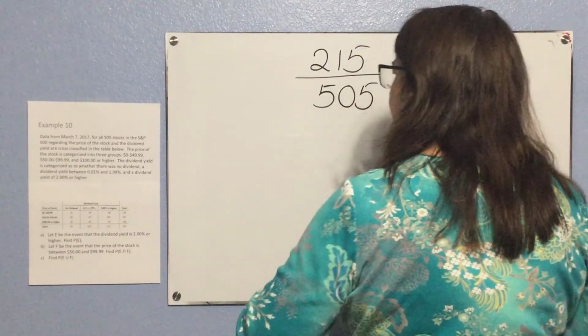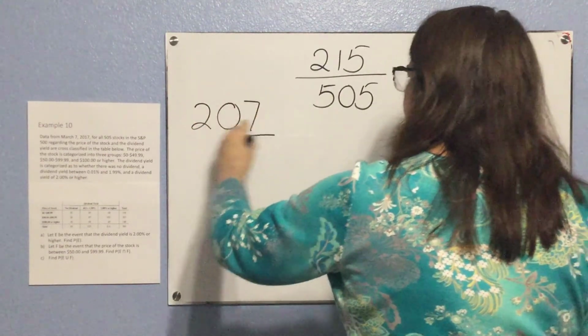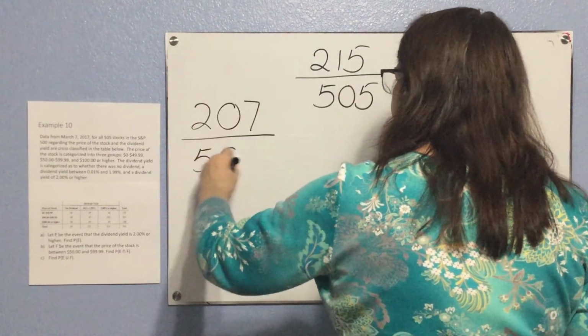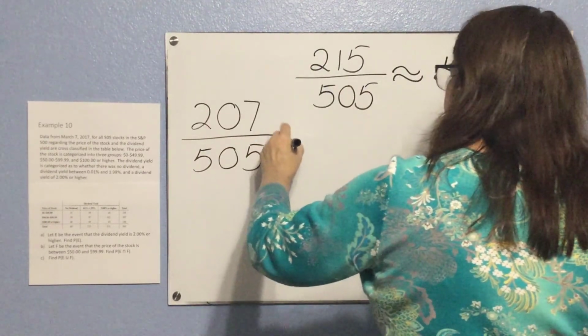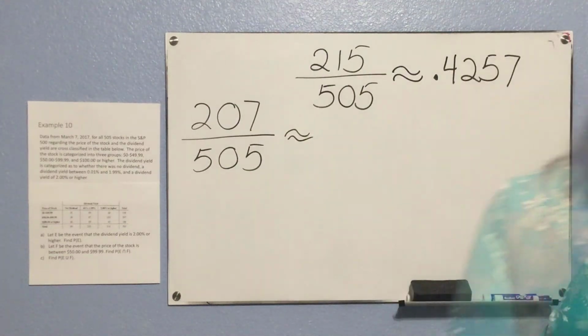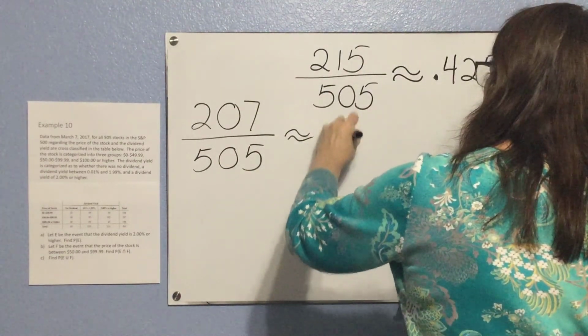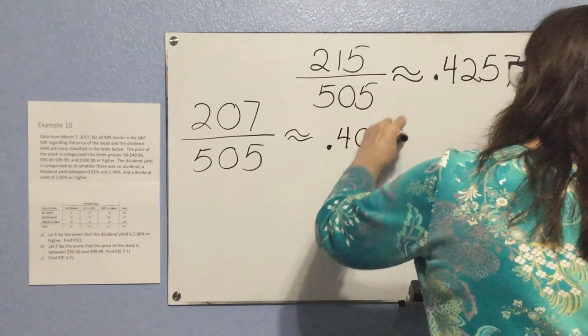It's summed up for us as 207 out of the 505 stocks were in that range, which is 0.4099.